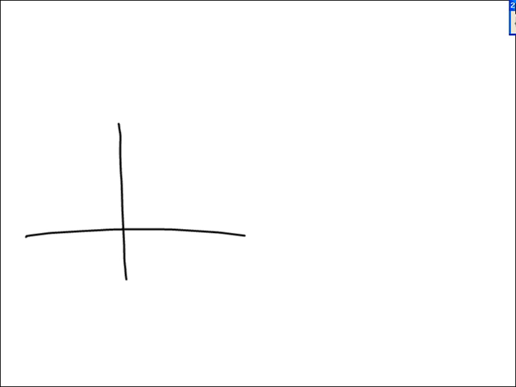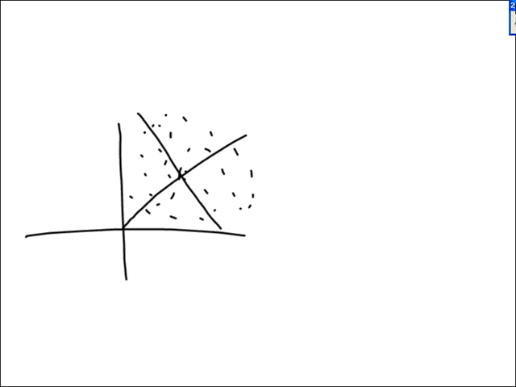If this is quadrant 1 and these are your data points, notice it's all over the place. Well, if I draw this line, half of the points are above and half are below. If I draw this line, half are above, half are below. If I draw this line, half are above, half are below.